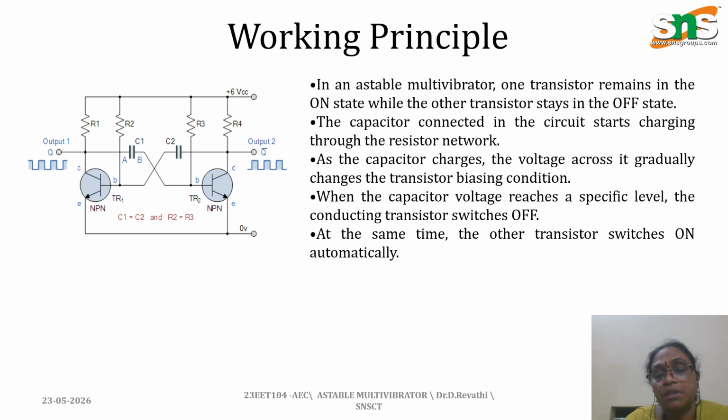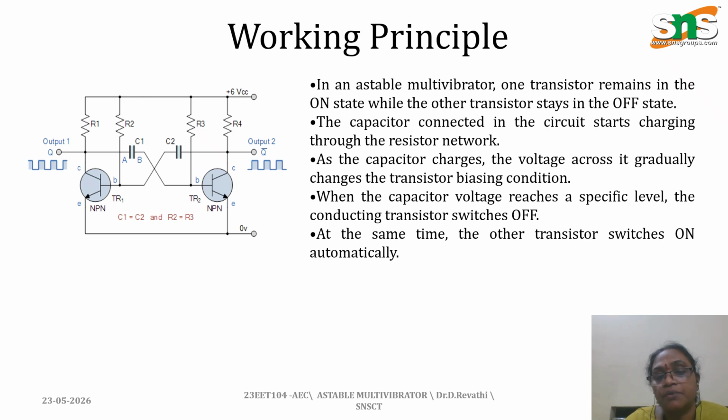In the on condition, the collector output of TR1 is low. That value is given through C1 to the base of TR2. Always when the base value is low, the transistor is in the cut off region, that is, in the off condition. When the transistor is in the off condition, the collector of that particular transistor, here TR2, has a high output. The high value is given through C2 to the base of TR1.